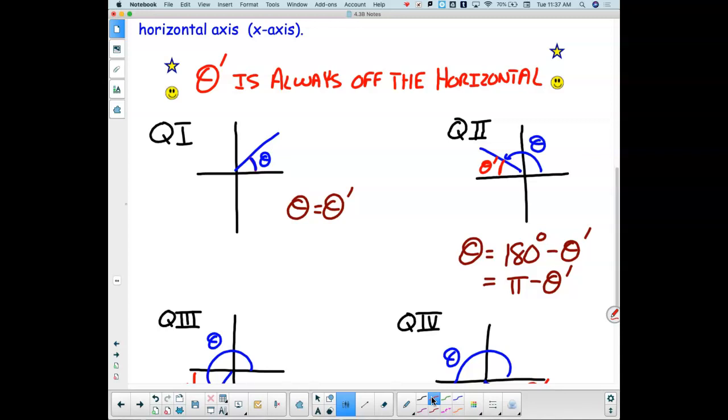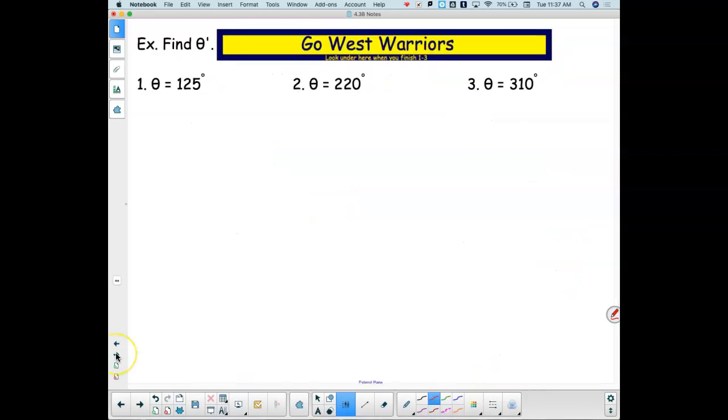Okay? Let's put them into work. Let's do some here. Okay? So let's find theta prime. So it helps to draw yourself a diagram, a little picture, a quick little sketch. Okay? So 125 degrees is right up in here.